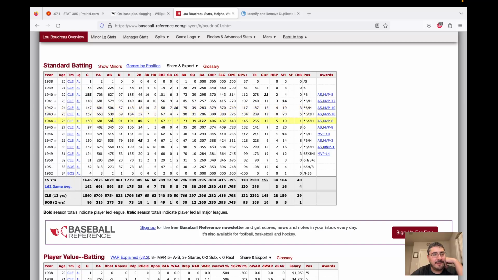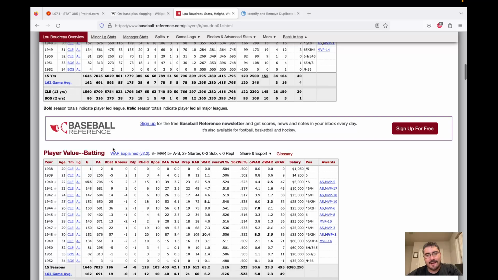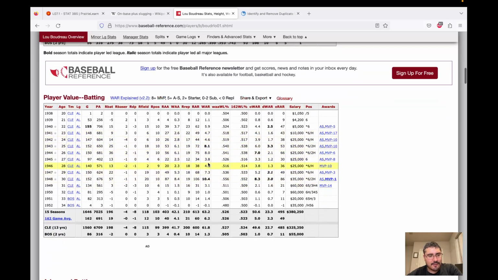And most of these seasons are during the World War II depleted league. So essentially a lot of Major League Baseball players served in the war, just drained the talent pool out, and this person just didn't serve, I guess. A lot of people served, this person didn't, and that's sort of their best seasons.